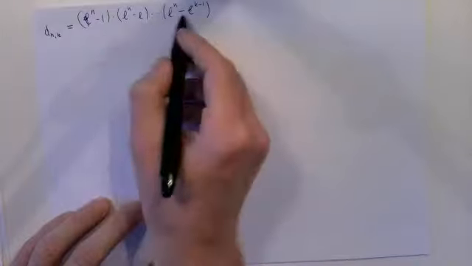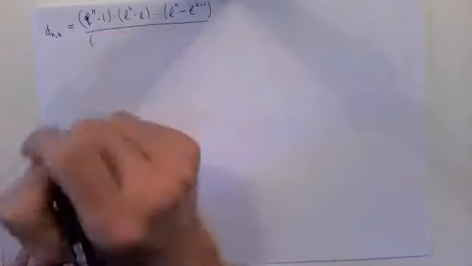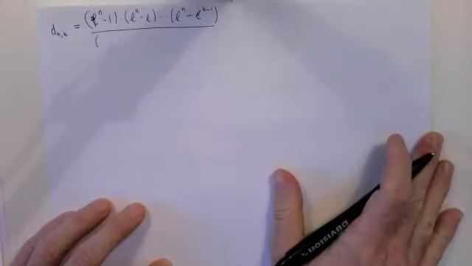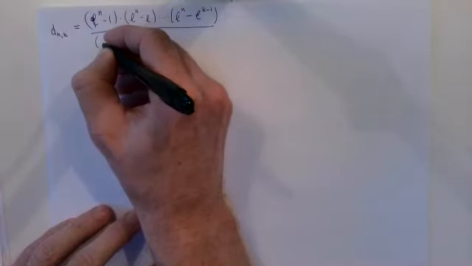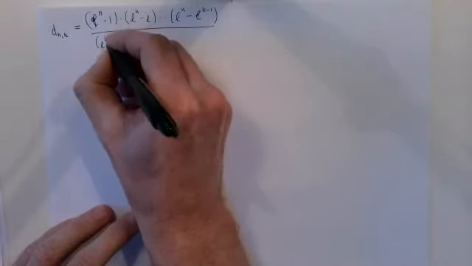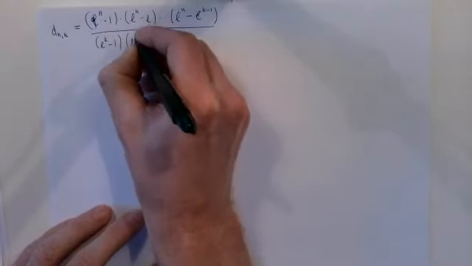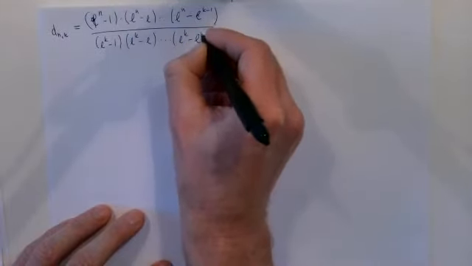So k factors up here and also k factors down here. So it's basically the number of the inner Grassmannian. So (L^k minus 1)(L^k minus L) dot dot dot (L^k minus L^{k-1}).